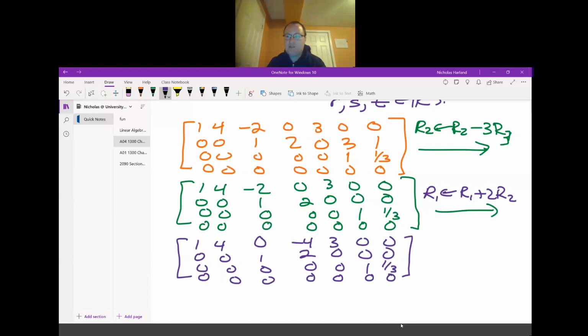All right. So in this case, 2 extra steps to put it into reduced row echelon form. But, oh, yes, for sure. Thank you. 4. A couple extra steps to put it into reduced row echelon form, but a little bit less work afterwards in order to read off the solutions.